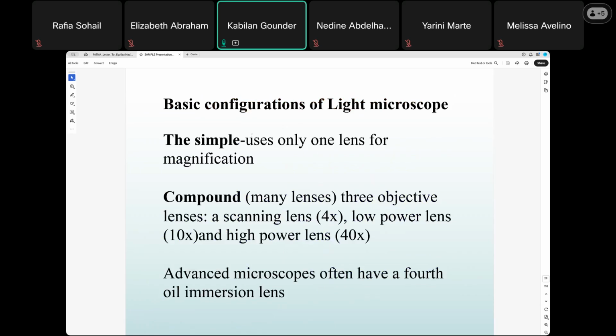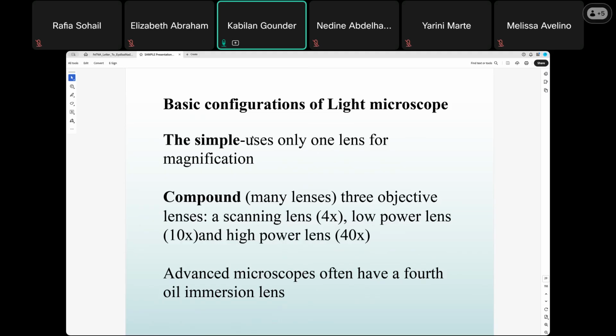So there are different types of microscope. One is with one lens, a simple microscope. We call it one lens magnification. That is a simple microscope. Another one is a compound microscope, where you can use more than one lens, including the objective lens.